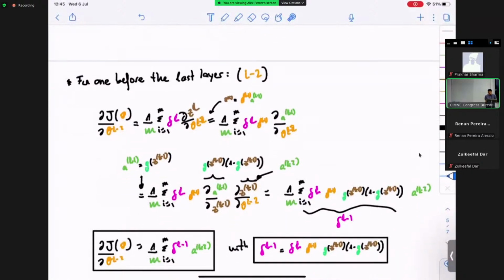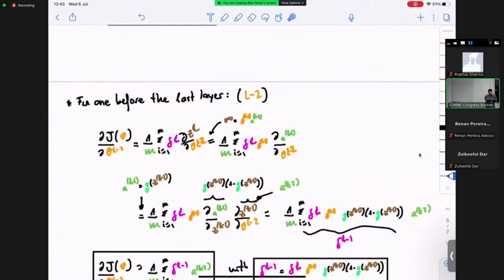So now we have L minus 2 here, and we will call all of this delta L minus 1, which is delta L theta L minus 1 times G and 1 minus G.